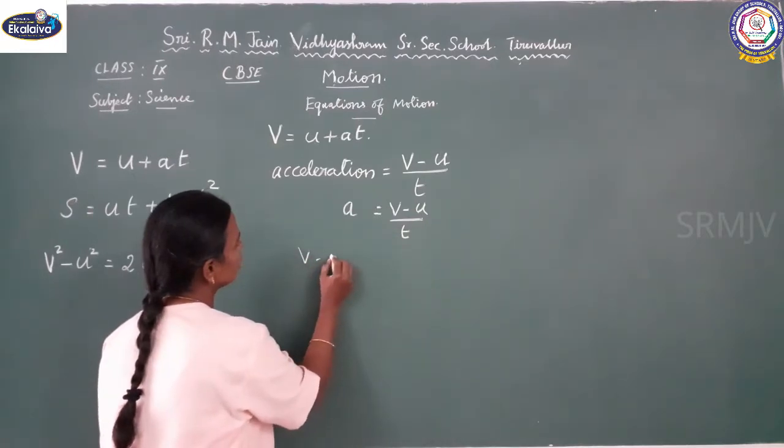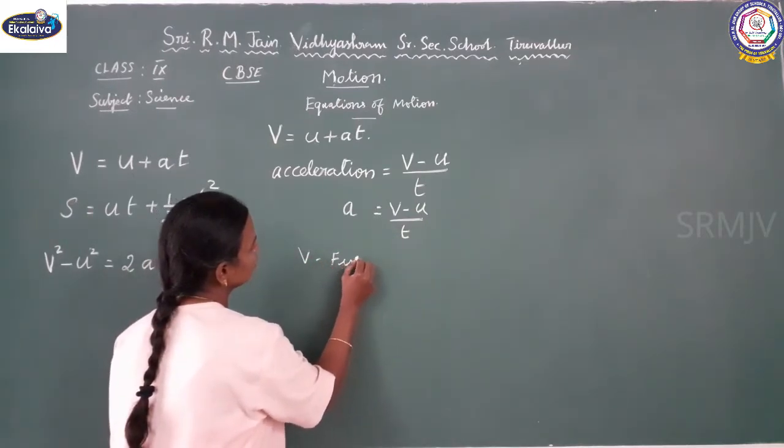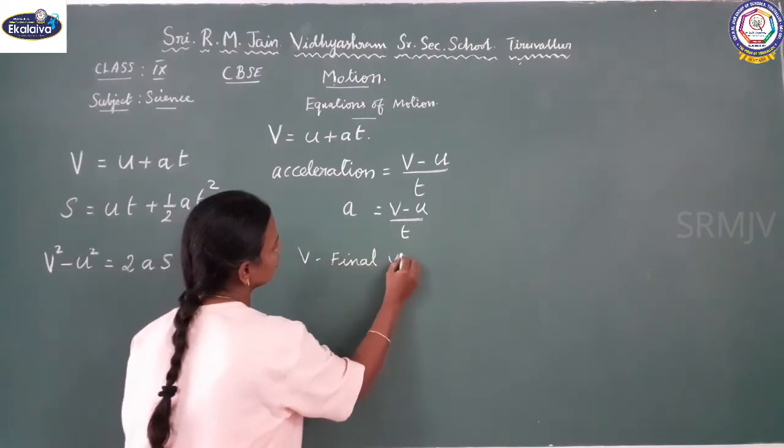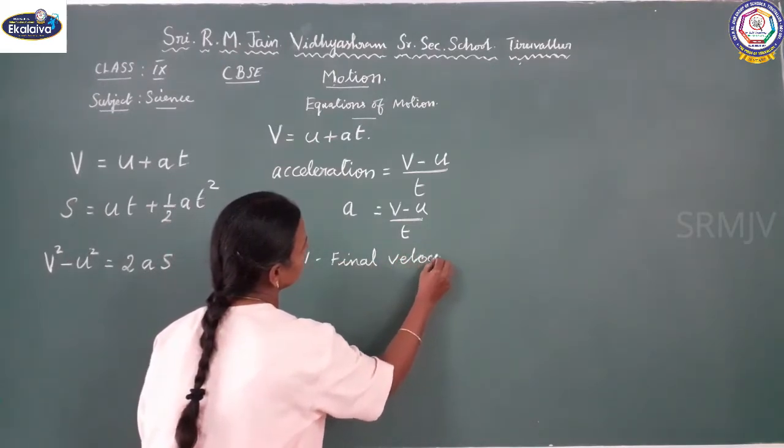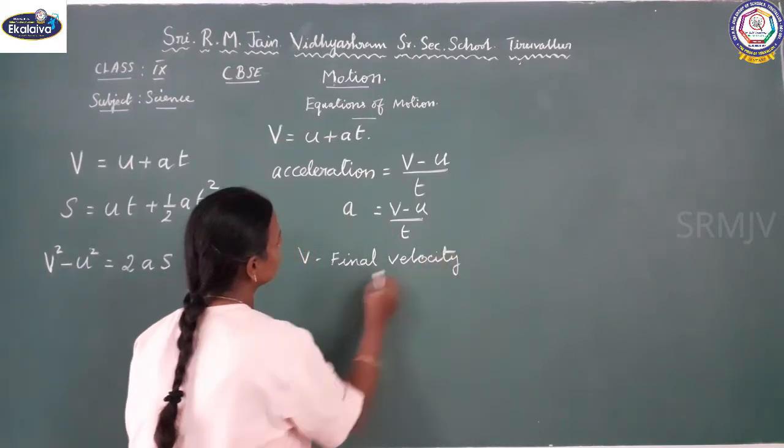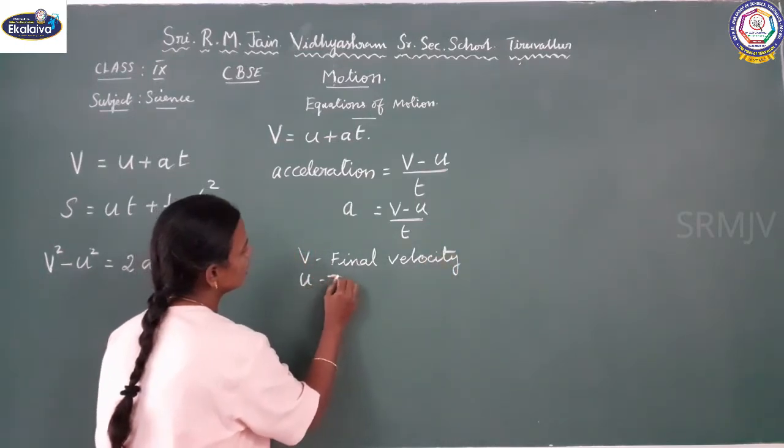v is the final velocity, u is the initial velocity.